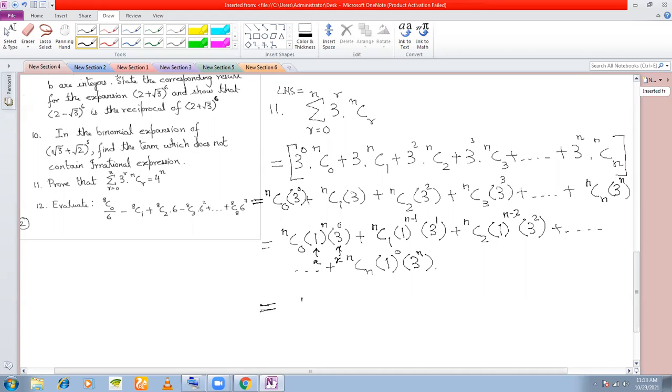So we have written this in the form (a plus x) to the power of n. Have we written this in that form? Yes, sir. So that means what is the value of a here? a here is 1 and x here is 3, so 1 plus 3 to the power of n is equal to 4 to the power of n, the RHS.